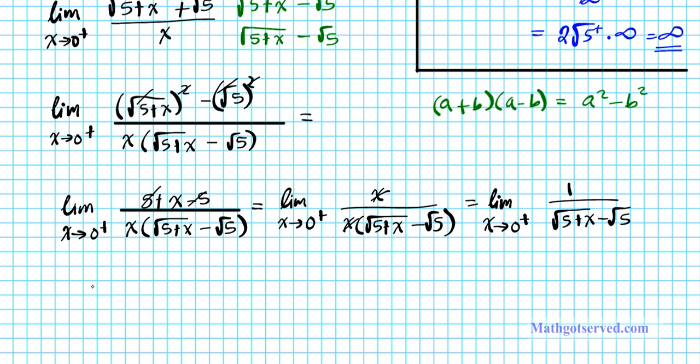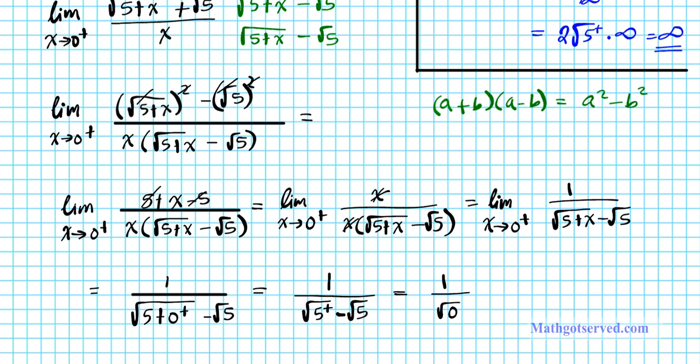If I plug in 0 from the right, I'm going to have 1 over the square root of 5 plus 0 from the right minus the square root of 5, okay? So that becomes 1 over the square root of 5 from the right minus the square root of 5, since 5 plus 0 from the right is 5 from the right, and that gives us 1 over the square root of 0 from the right.